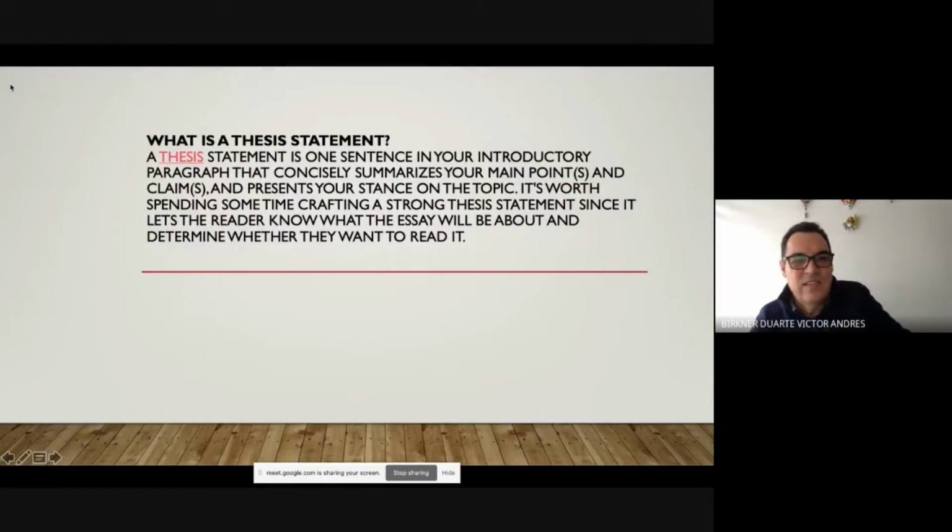The definition for the thesis statement is this. A thesis statement is one sentence, all right, that should be in your introductory paragraph. In the first paragraph of the argumentative essay, which normally has 4 or 5 different paragraphs, the first paragraph is devoted to writing our thesis statement, right? And this thesis statement concisely summarizes your main points, the claim, and you also present there your stance on the topic.